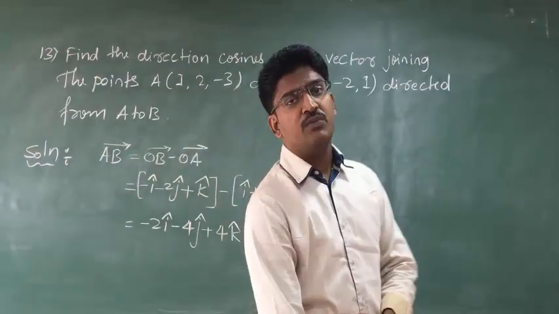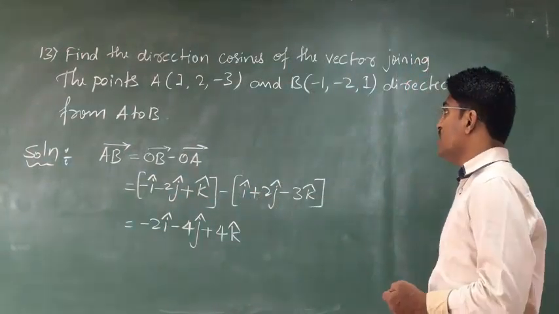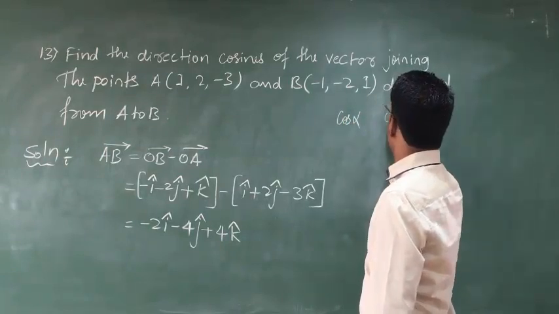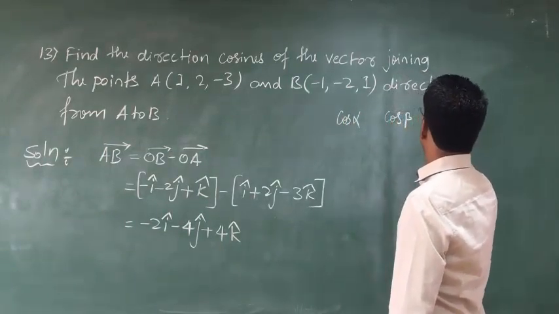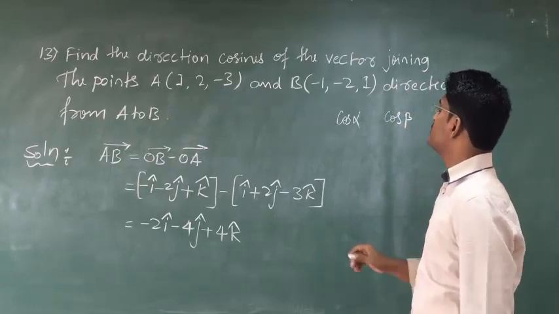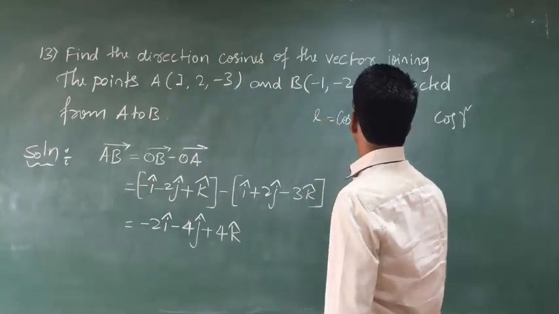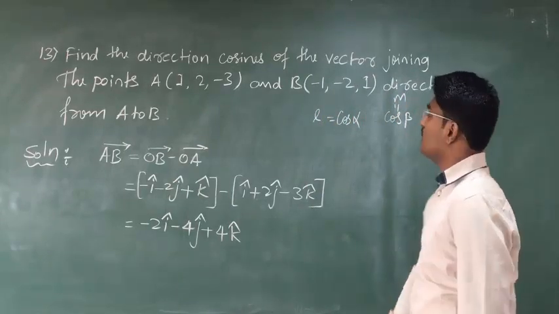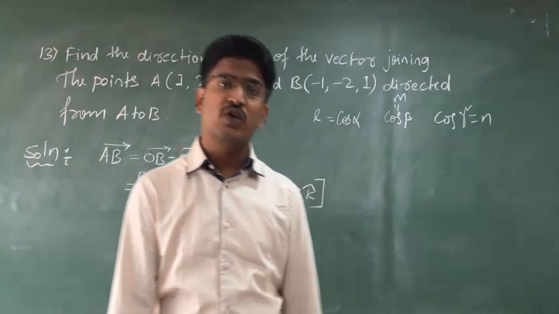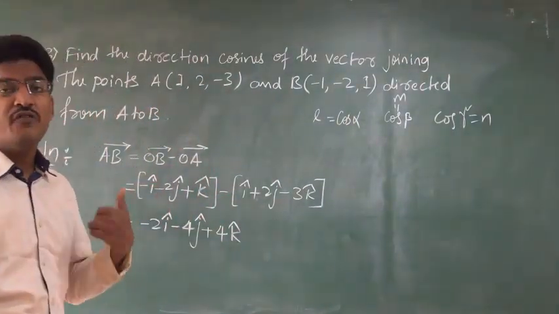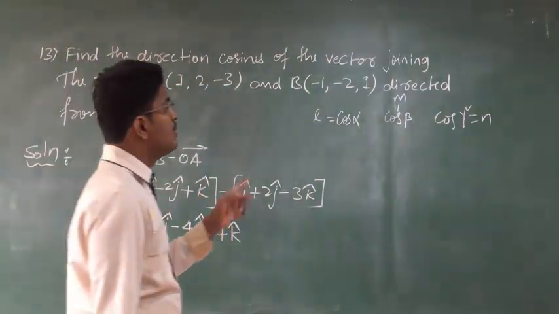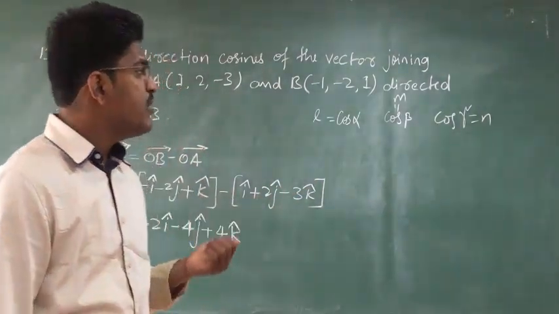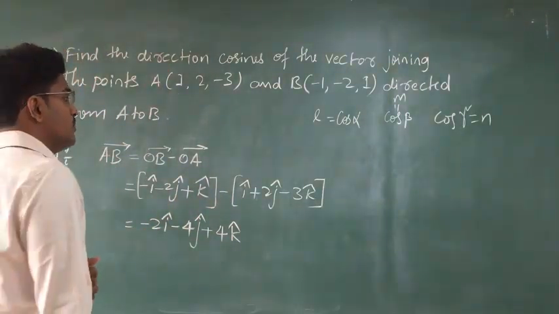After getting vector AB, you have to find the direction cosines, that is cos alpha, cos beta and cos gamma. As you all know, cos alpha is l, cos beta is m, cos gamma is n. Formula also you know, that is a by square root of a square plus b square plus c square, b by square root of a square plus b square plus c square, c by square root of a square plus b square plus c square.